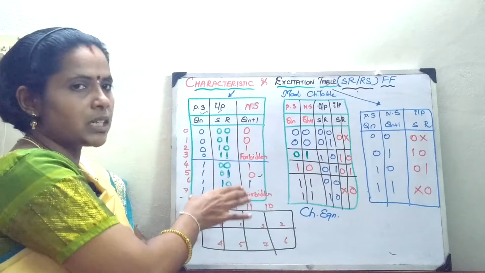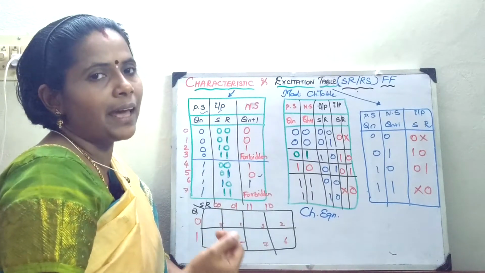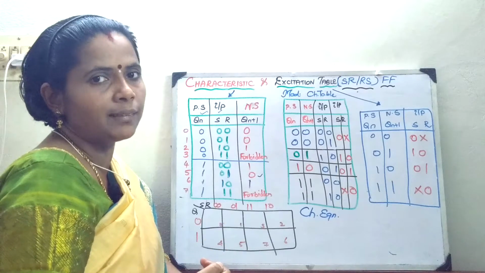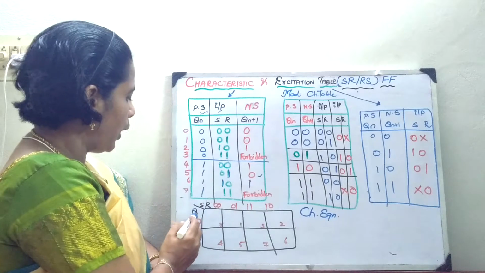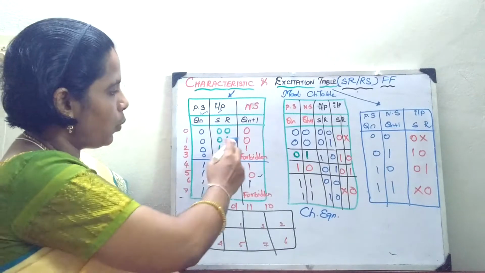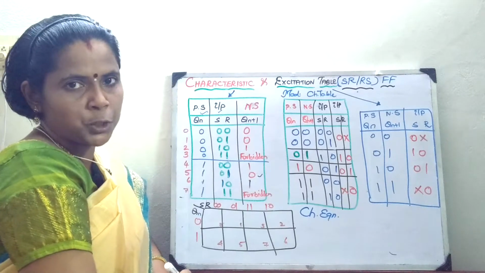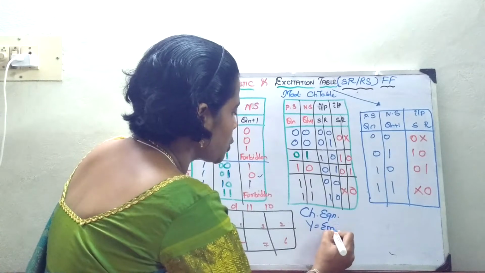Once this characteristic table is framed, now we will see how to get the characteristic equation by plotting the K-map. What are my inputs? One is Qn, another is S and R. Now, what is my minterm expression? What is my SOP expression? Y is equal to summation m.